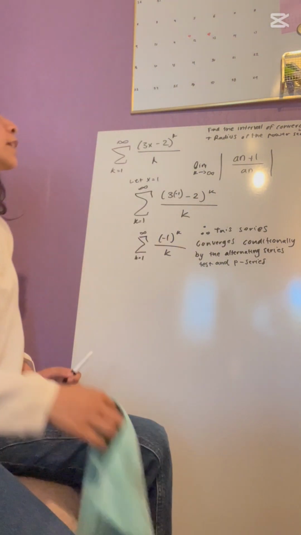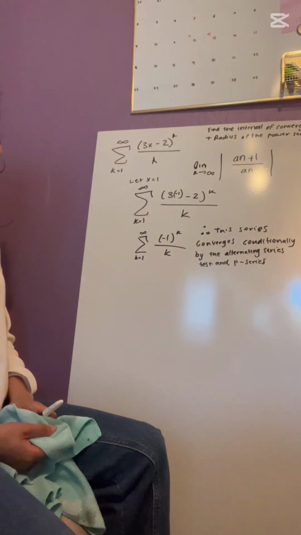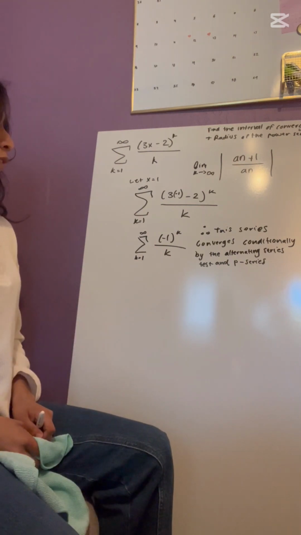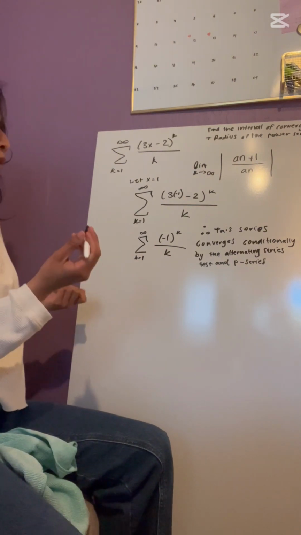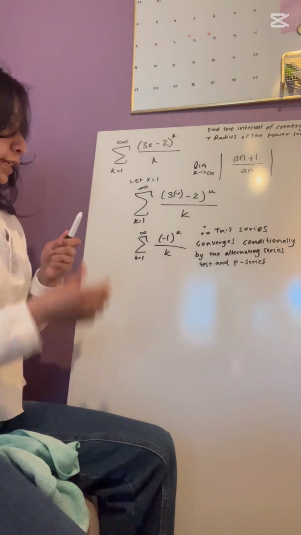Okay, now you found your interval of convergence, which will let you know if you use a soft bracket or hard bracket.